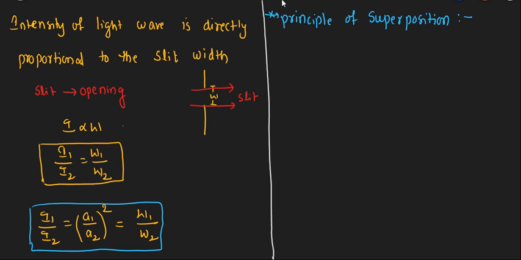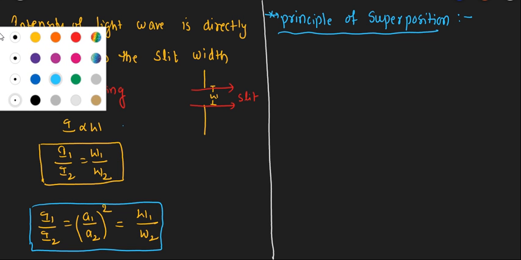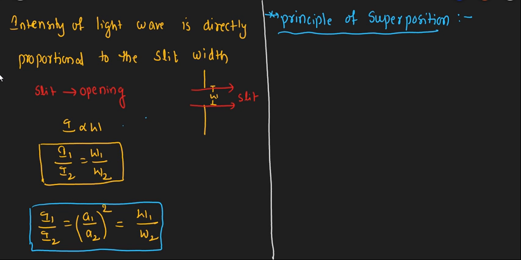The principle of superposition is that when two or more light waves travel in the same medium and are superposed with each other, the resultant wave displacement is equal to the algebraic sum of the displacements of the individual waves. I will write the statement of that.